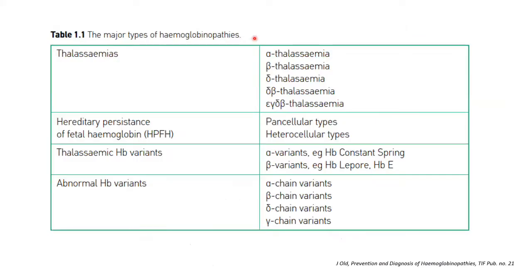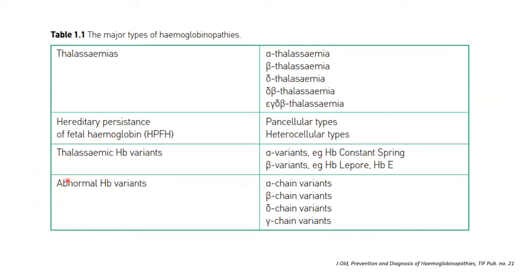The term hemoglobinopathy usually is used to encompass all the quantitative as well as the qualitative defects in the hemoglobin molecule. However, it is more prudent to use the term hemoglobinopathy only for the structural variants, that is, the abnormal hemoglobin variants.